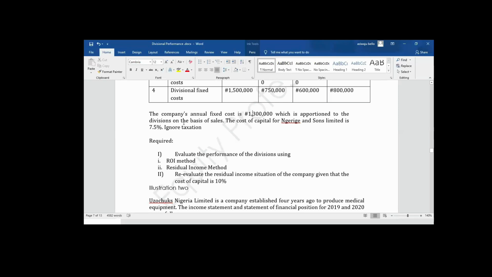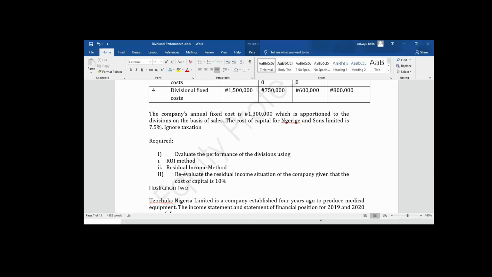But it is to be apportioned to the division on the basis of sales. That means we need to share this 1.3 million to the various divisions on the basis of sales value.